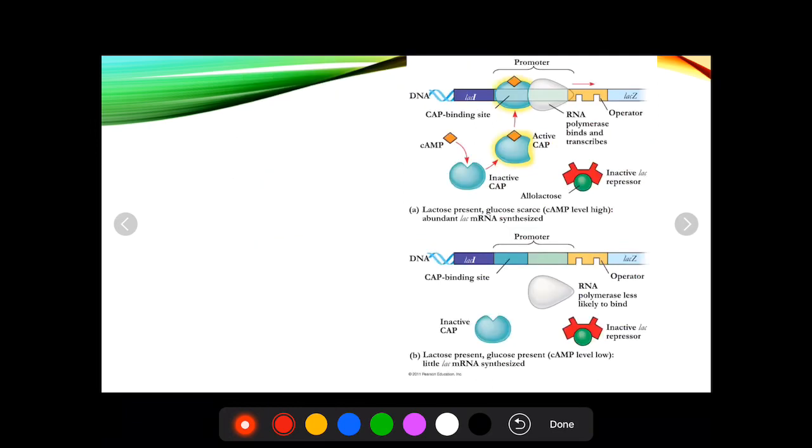On the flip side, positive gene control is when we're looking at the relationship with glucose. If you have glucose, what do you also have a lot of? A lot of ATP. And if you have a lot of ATP, what do you not have much of? cAMP. Remember, cyclic AMP is going to be kind of that really, really empty battery.